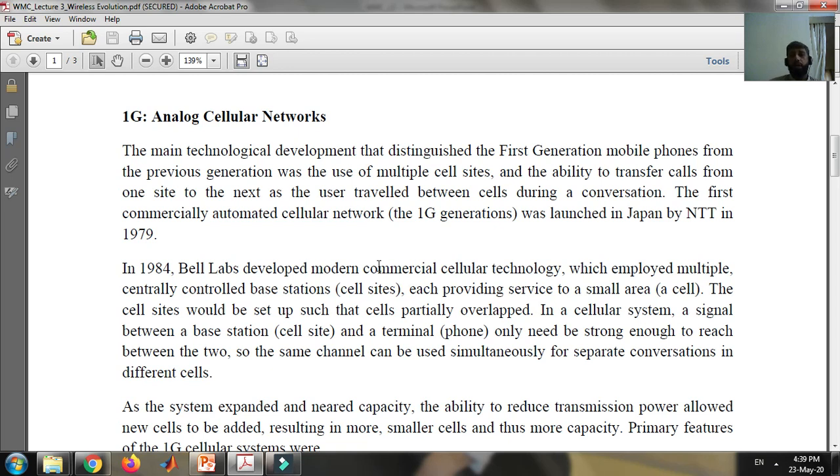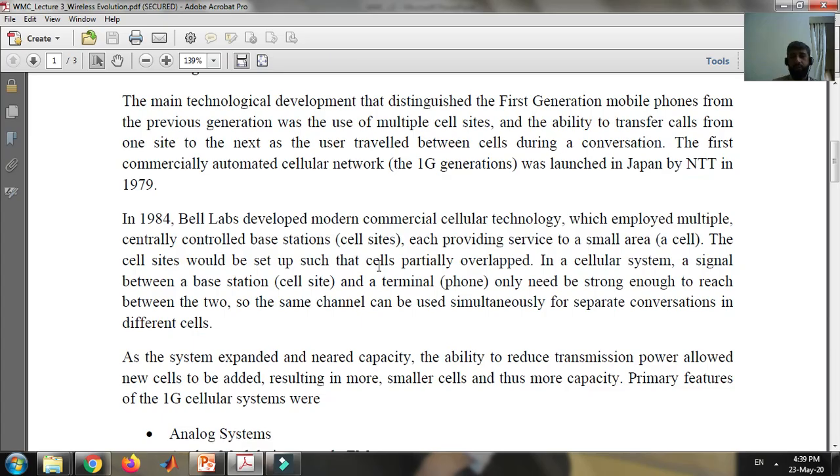Those were analog telephones, first launched in Japan in 1979, and then in 1984 Bell Laboratories developed the commercial cellular technology, which employed multiple centrally controlled base stations. Each base station provided service to a smaller area, or cell, and those smaller cells were connected together to provide coverage over a large network.